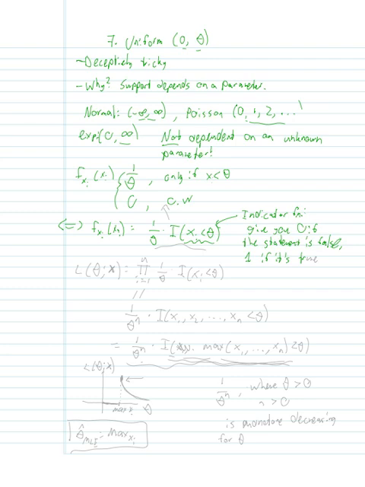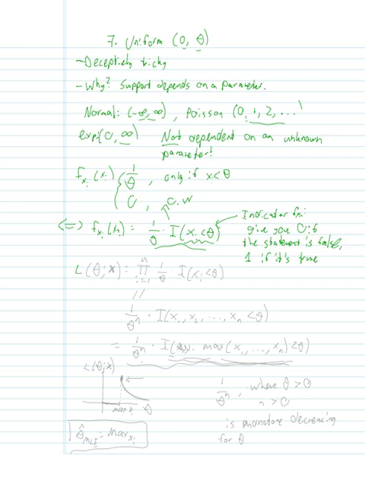So in our case, this will give us 1 if xi is less than theta and 0 otherwise, which is a nice compact way of writing this support, or what the distribution is for all values of x, right?